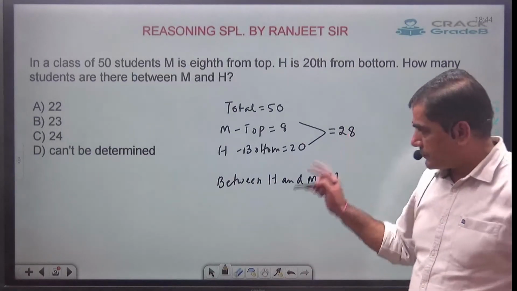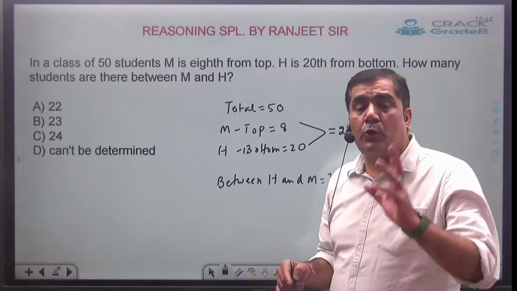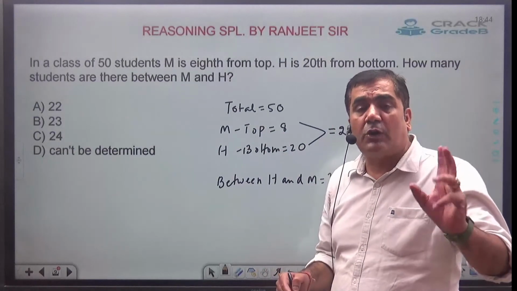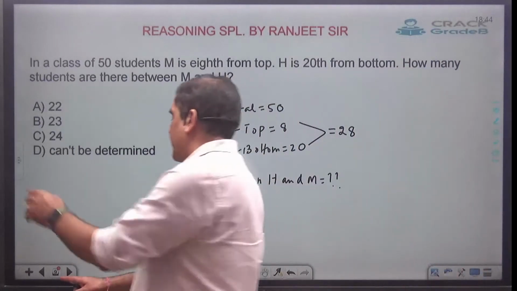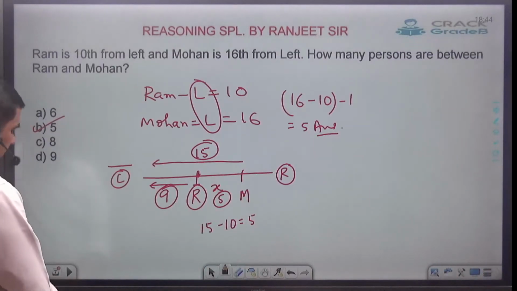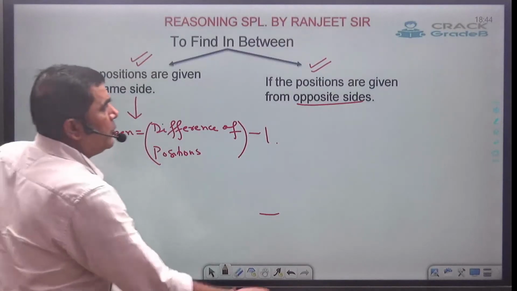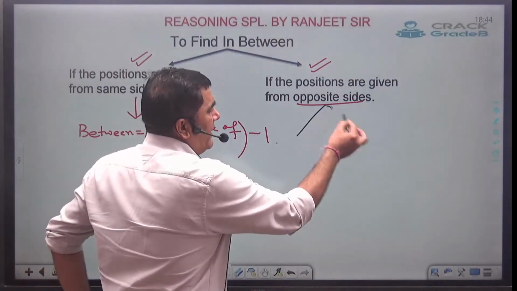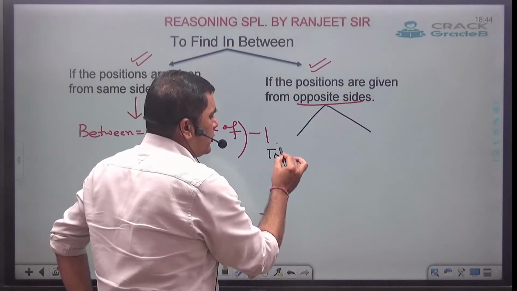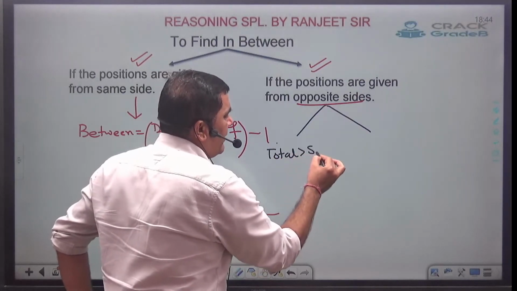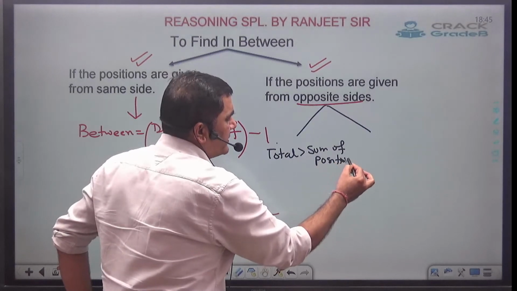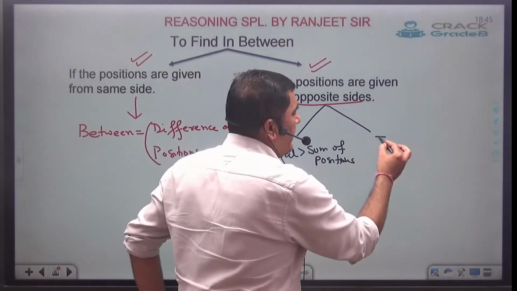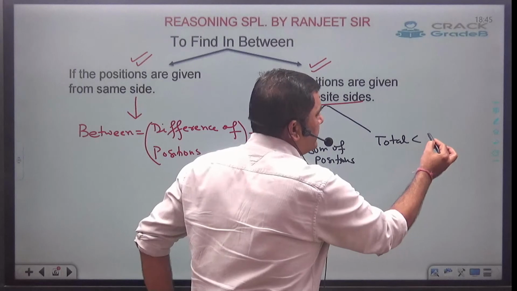Now, thereafter, you have to say whether the total is more than the sum of the positions or the sum of the positions is more than the total. I repeat, whenever they give positions from different sides, two cases can be possible. Case number 1, the total will be greater than the sum of positions. And second case, the total will be less than the sum of the positions.